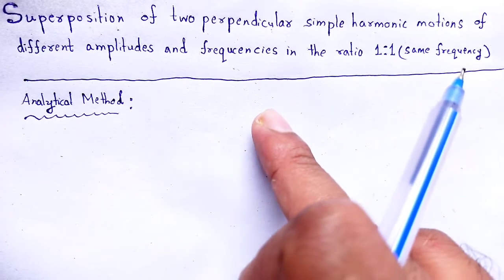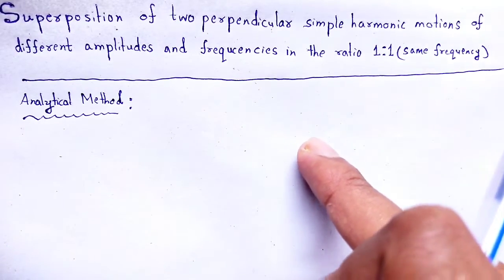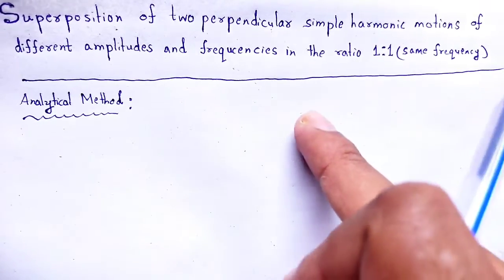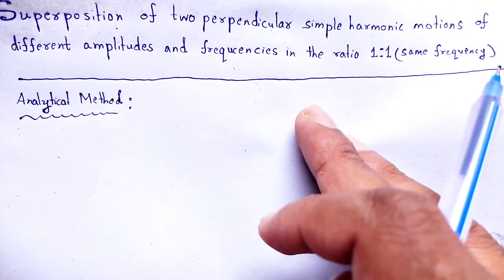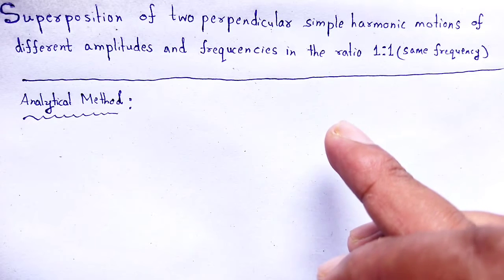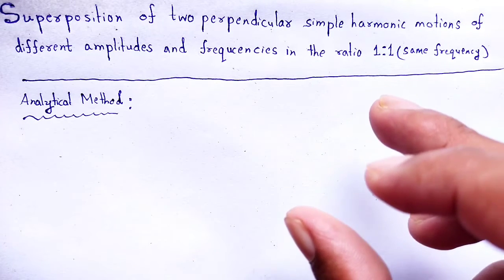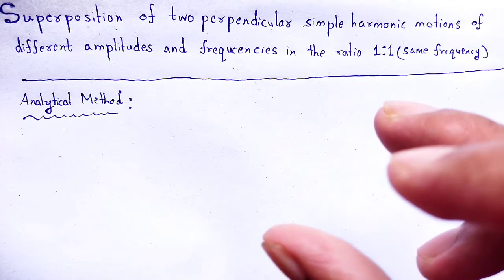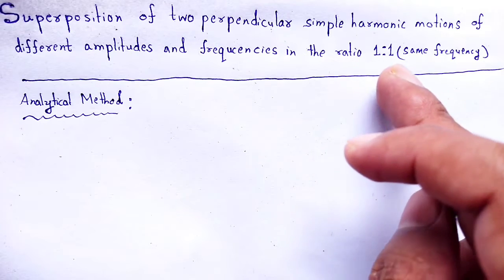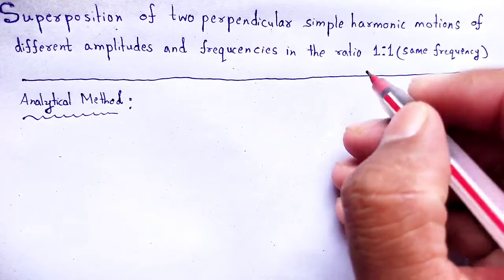When one simple harmonic motion is along the x direction and another along the y direction, meaning these two are perpendicular to each other, the path followed by the particle in the resultant of these two simple harmonic motions is known as the Lissajous figure.